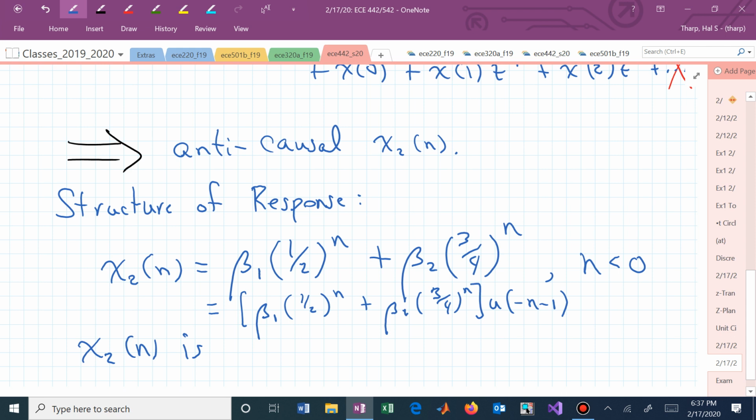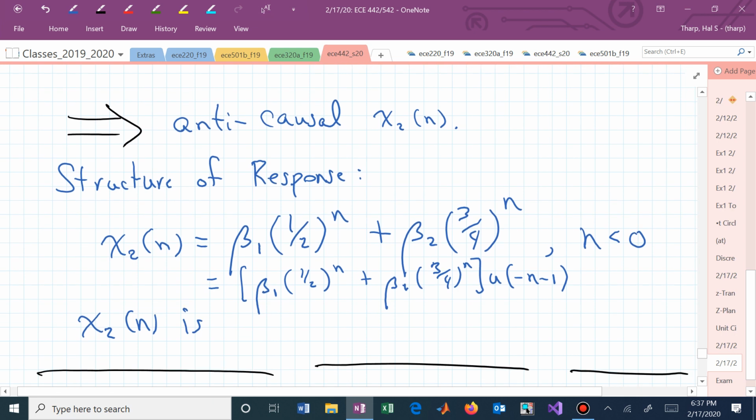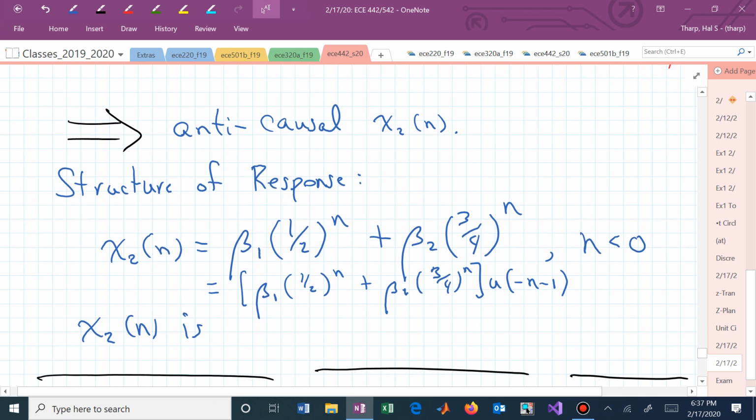X sub 2 of n, how does this behave now in terms of its bounded or unbounded nature? I now have 1/2 to the minus 1, 1/2 to the minus 2. Now that 1/2, you could sort of just put it on its head and say that's 2 to the 1, 2 squared, 2 cubed, because n is negative.